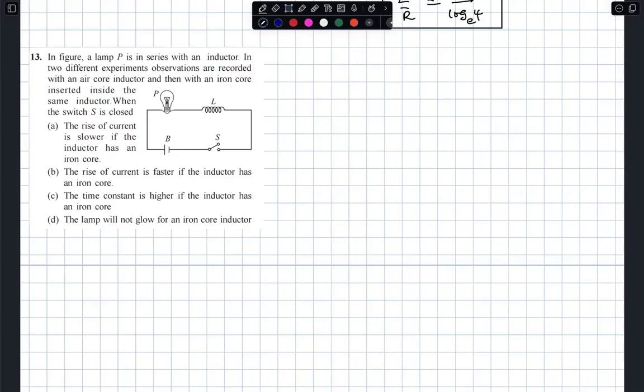The inductance L of an inductor is proportional to the square of the number of turns and the relative permeability.